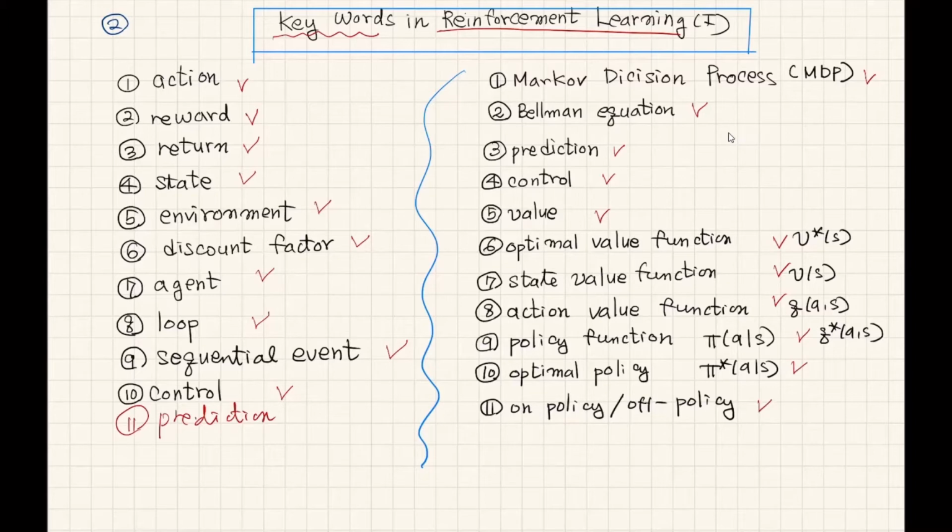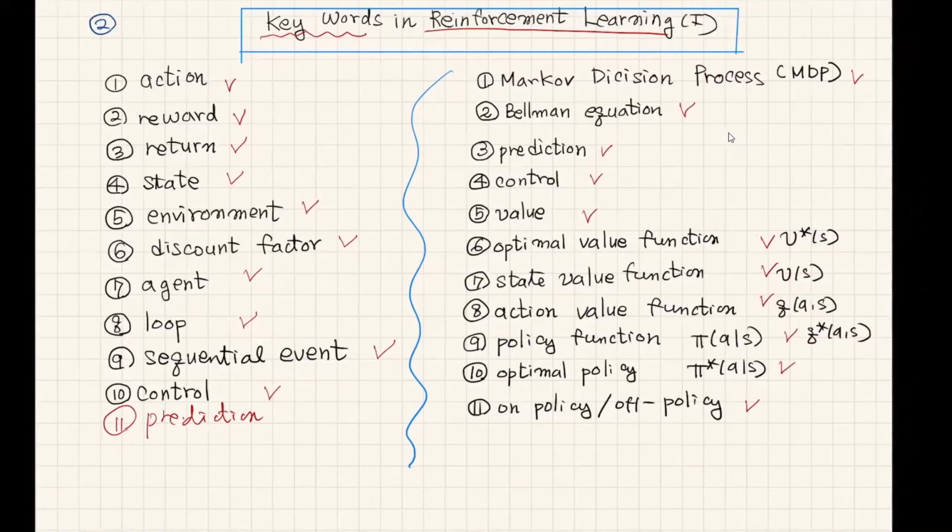These are more than 20 new keywords, but don't be afraid, because I will slowly explain the meaning of these keywords. If you have a good idea about this, we can build up reinforcement learning and easily discuss it. These are not all. That is part of the difficulty of reinforcement learning.